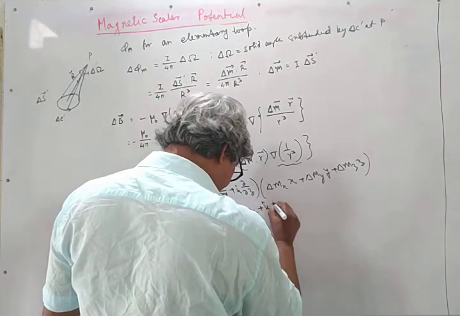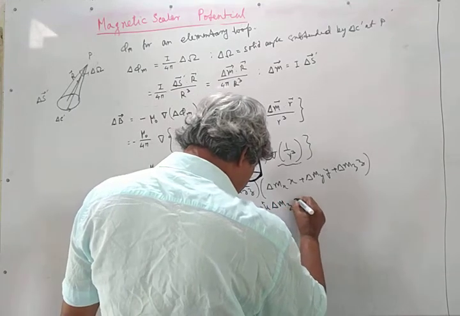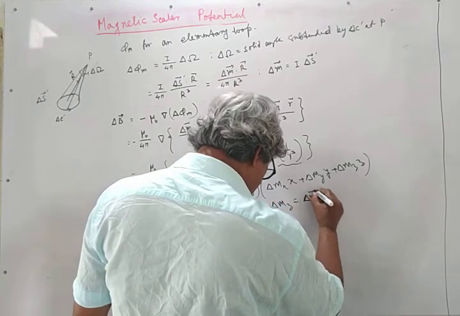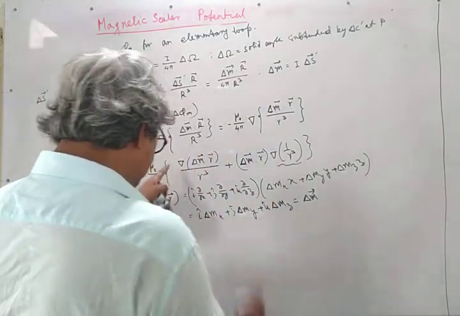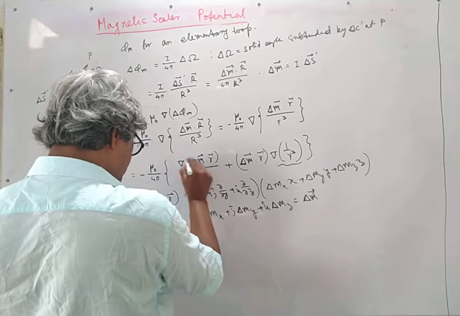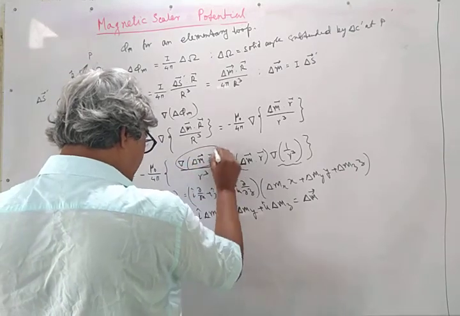Similarly for the others, we get the m vector. So this is delta m, this part is delta m.